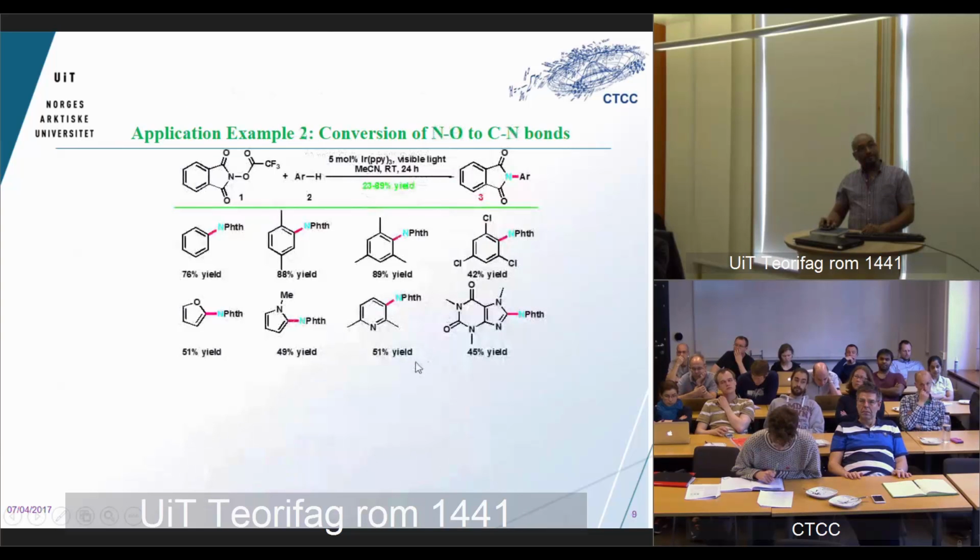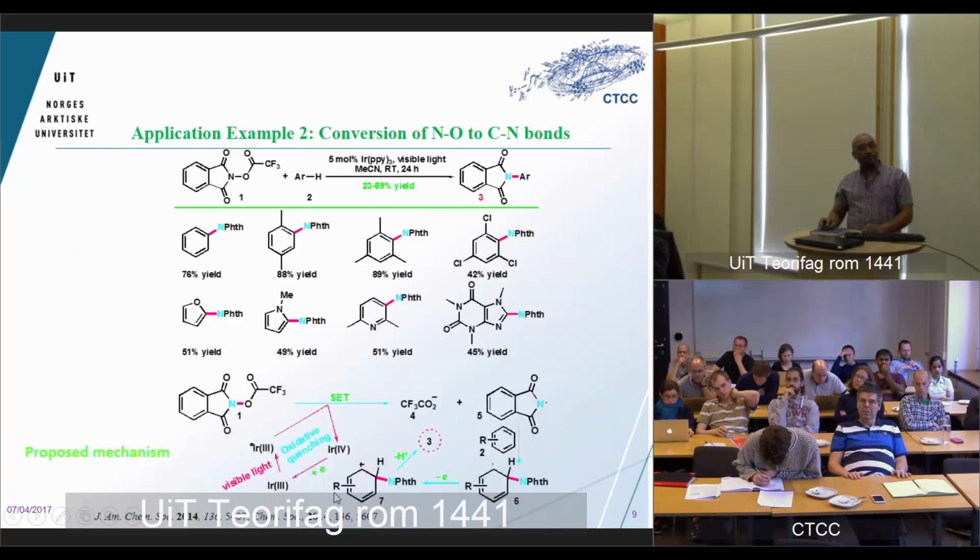And another example is the conversion of N-O bonds to N-C bonds in these reaction conditions. Both are photocatalytic reactions taking place at room temperature mostly, and they got very decent yields again for this kind of diverse organic compounds.